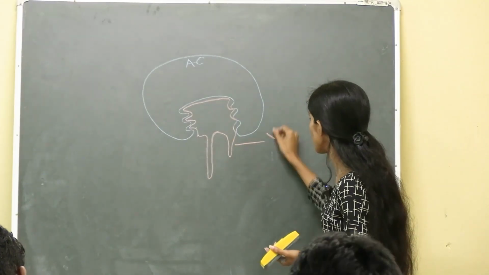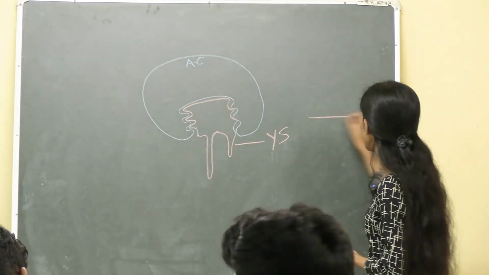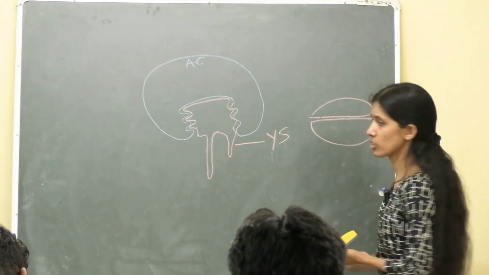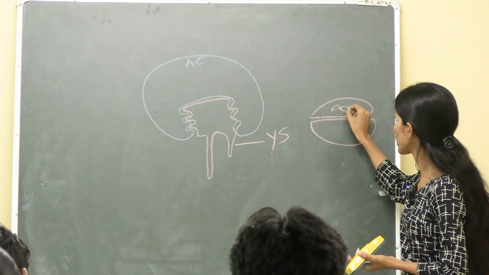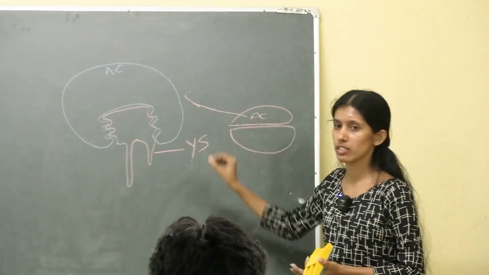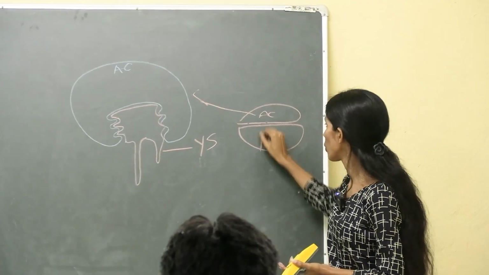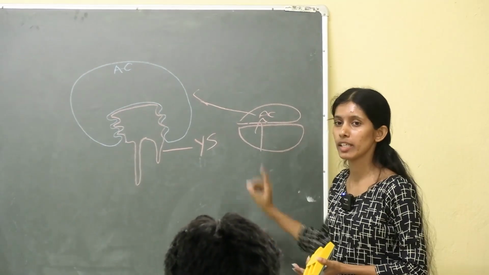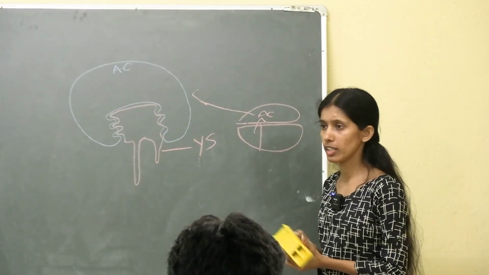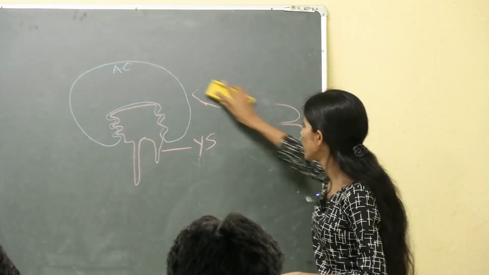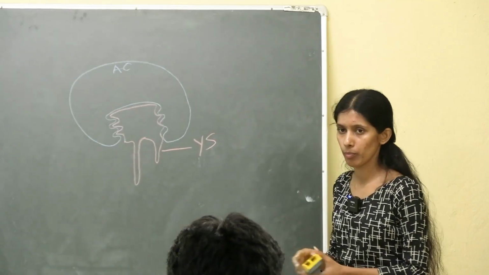Okay, this is yolk sac. Before, we have seen the structures like this. Now this amniotic cavity is getting increased in size so that your yolk sac is getting incorporated into your amniotic cavity region. This causes the folding of the embryo.